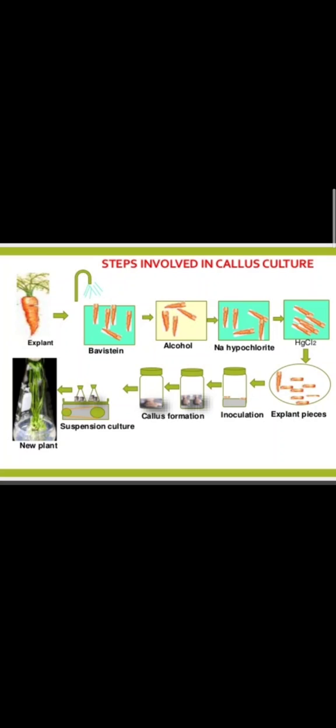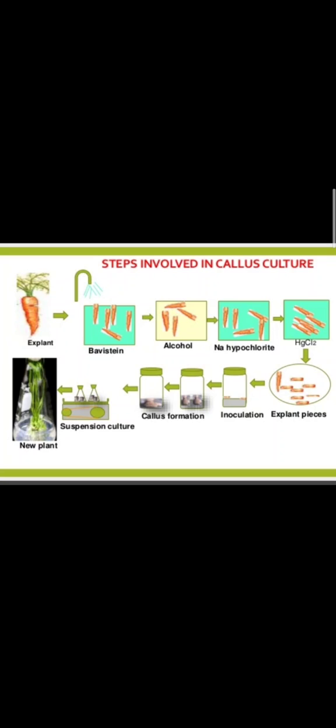It is the part of the plant which is to be cultured. Now, in the second part, we are applying fungicide Bevistin, and you are observing a shower-like structure upwards, which depicts the washing of explant or the plant part with running tap water.